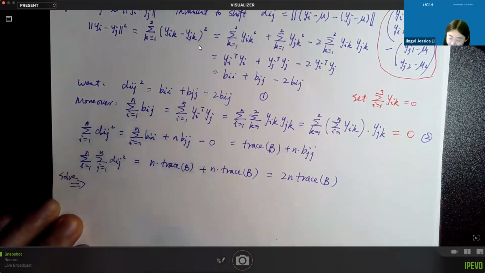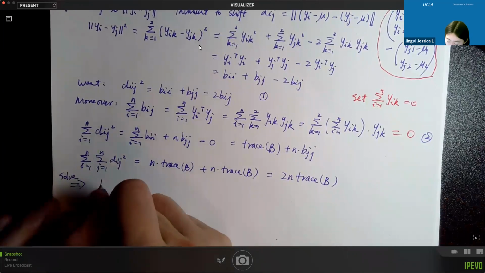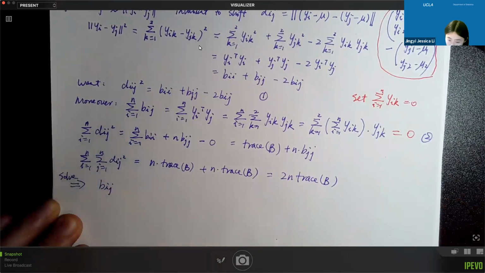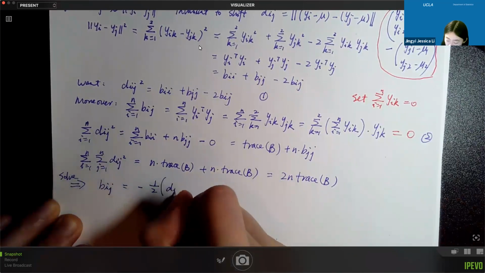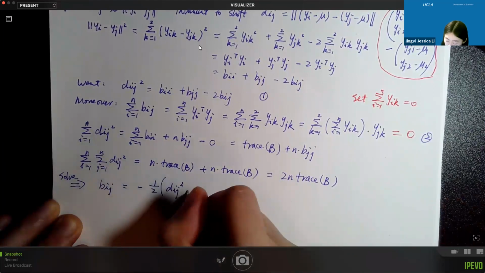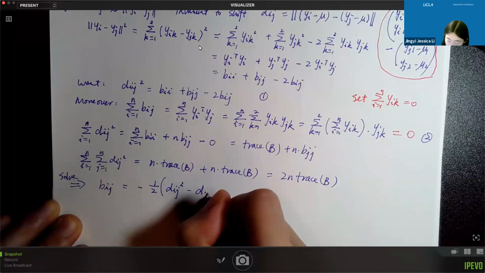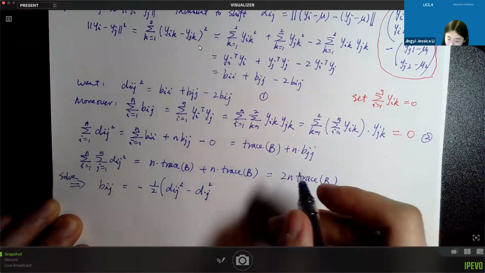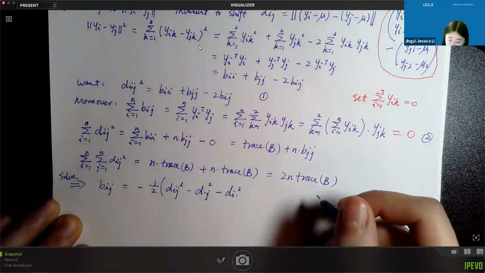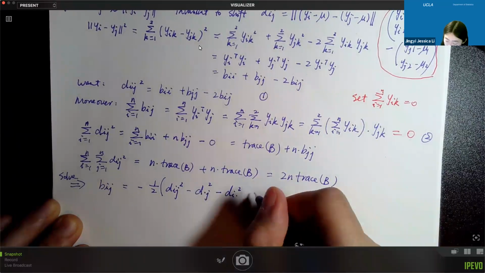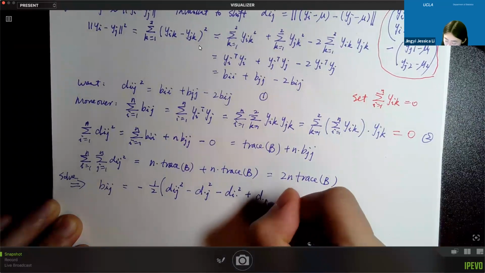That is, I can have bij equals -1/2 times (dij squared minus d dot j squared, minus di dot squared, and finally, I think this should be plus d dot dot squared).